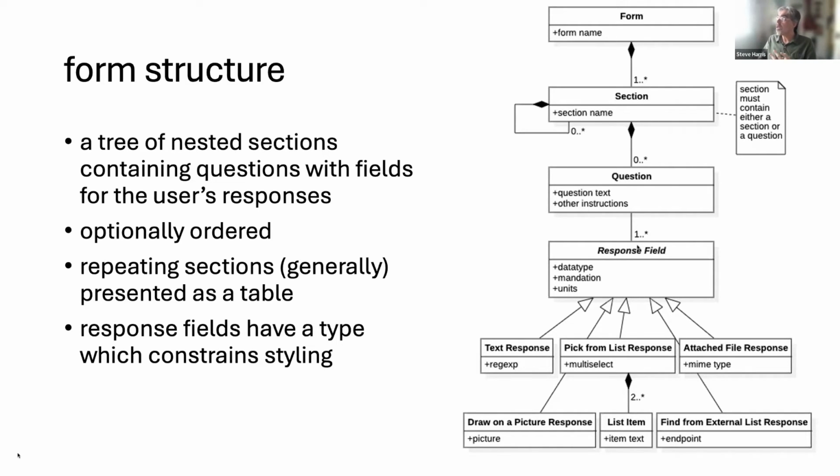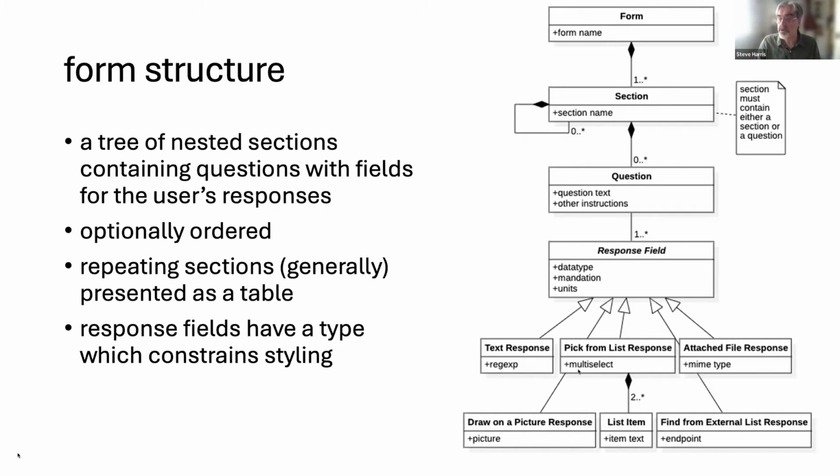If it's a continuous quantity, a count of something, or a measurement of concentration, you will want some units of measure in there too. And then dependent on the kind of data that you're collecting: are you collecting some text? Are you picking from a list? Are you adding an attachment to the form? Are you loading up a Word document, for instance, or drawing some lines on a picture?